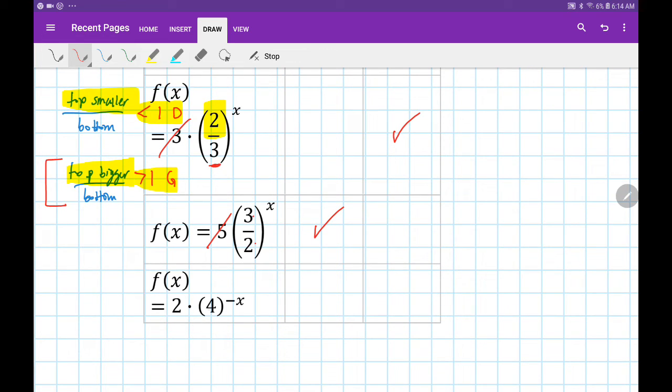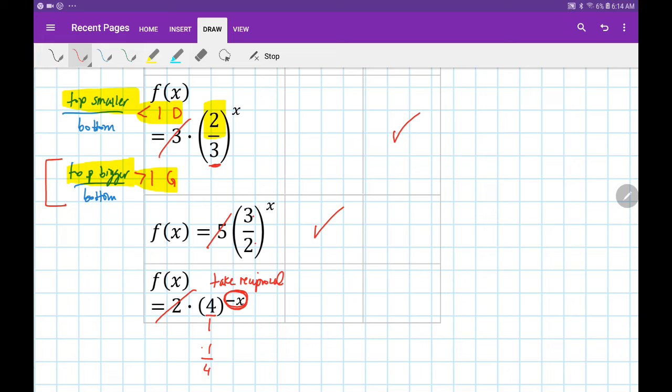Last situation has 4 to the negative x. So again, cross out the number in front. Whenever we have a negative in the exponent, we need to take the reciprocal of the denominator. So the reciprocal means flip it. Right now I only have a 4. If I put it over 1, it's easy to see how to flip this.